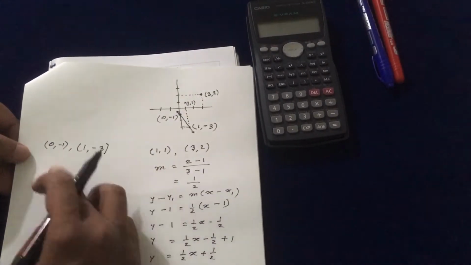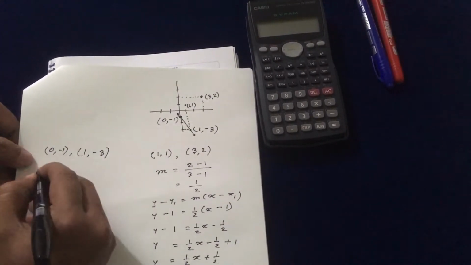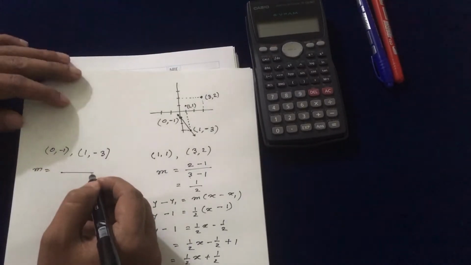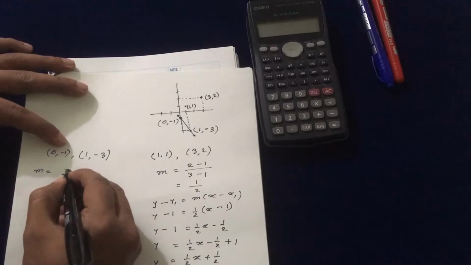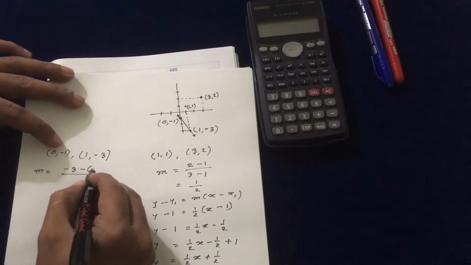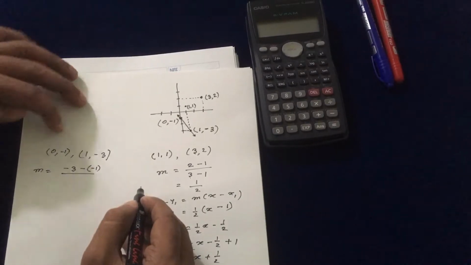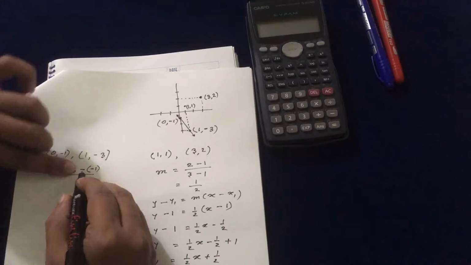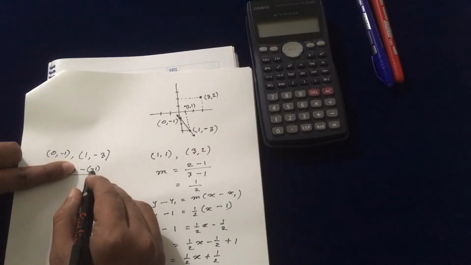So same process, okay, same process. So m equals to what? m equals y2 minus y1 divided by x2 minus x1. So y2 is minus 3, minus y1 is minus 1. The minus is coming from the formula, minus y1, there is a minus here.